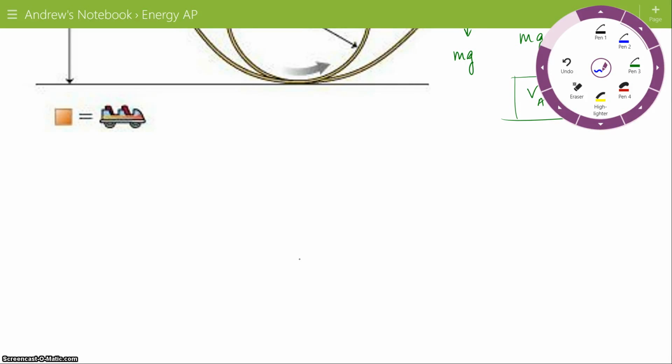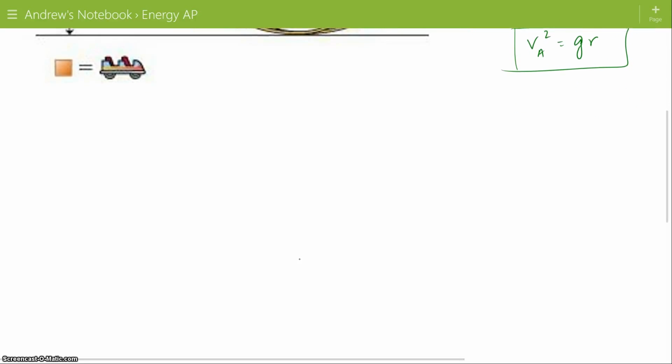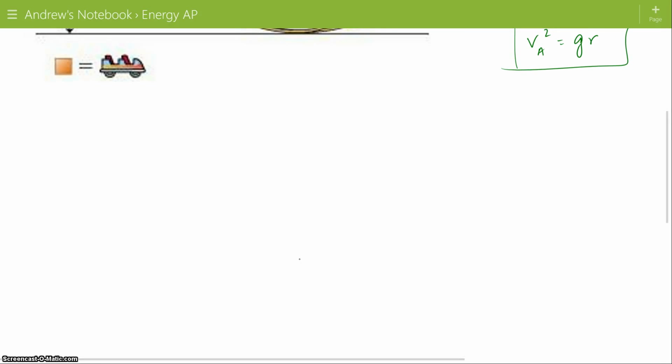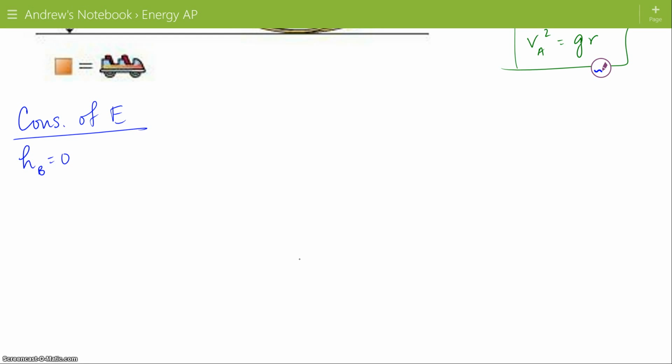Okay, so for the next part, I'm going to use the conservation of energy. That's going to be my starting point, and I'm going to let the height at point B be my 0 reference line. You could just as easily choose the ground for this.